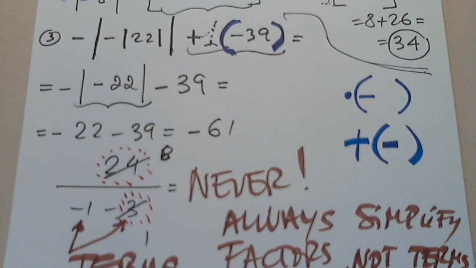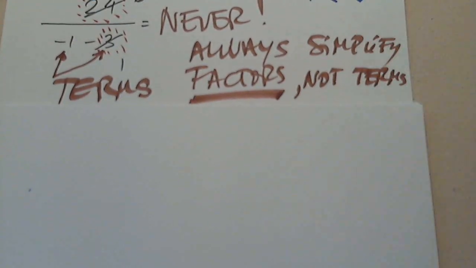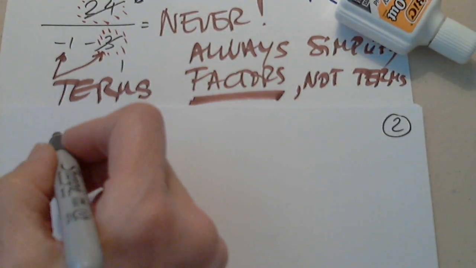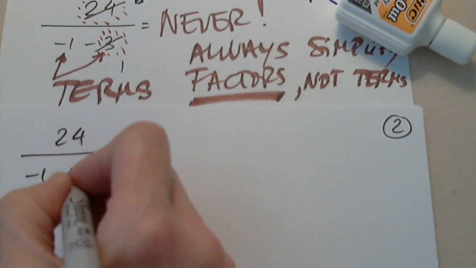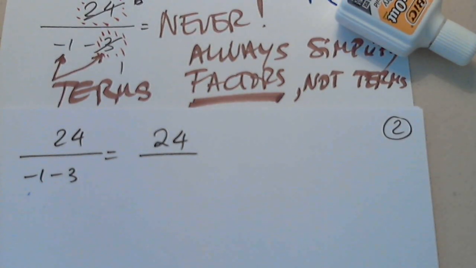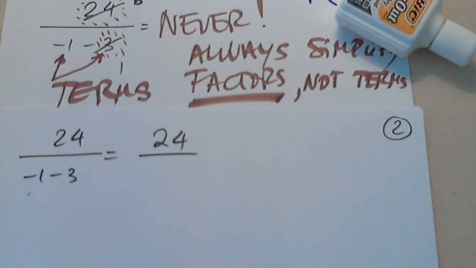Okay. So then what do I do with this? How do I address this situation? Well, I perform. So I have 24 divided by negative 1 minus 3. I copy negative 24. What do we get in the denominator? Negative 1 minus 3 is negative 4.